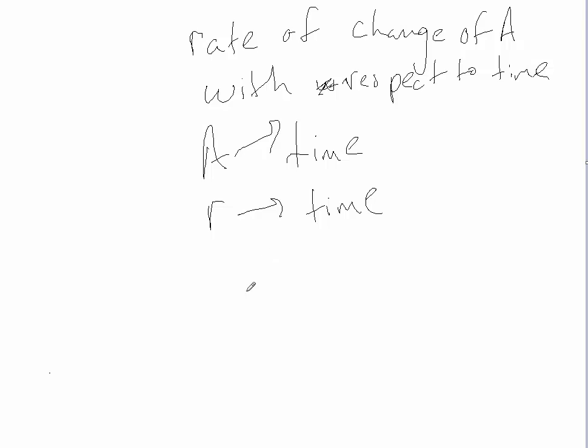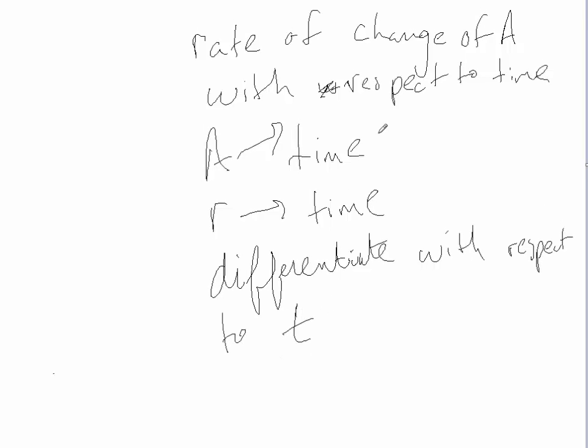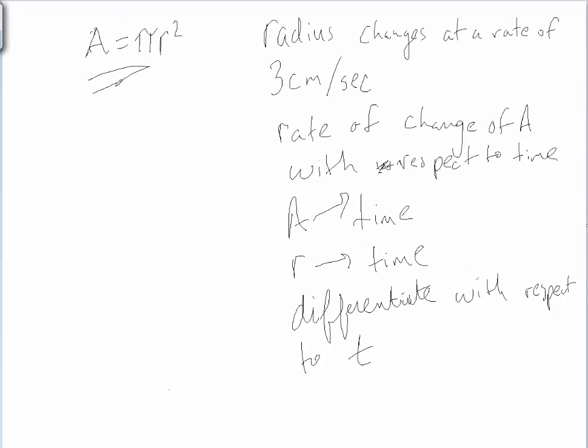And what we're going to do here is differentiate with respect to t. So we have our original formula describing the area of a circle. Those two variables, a and r, are related to the third variable, time. So what we're going to do is differentiate with respect to time.